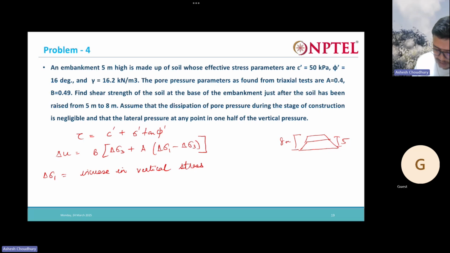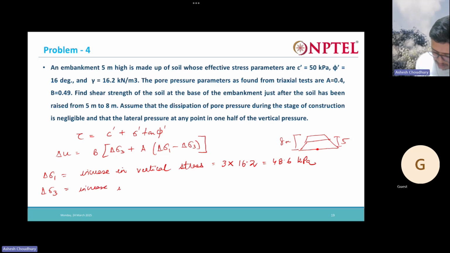So increase in vertical stress is 3 times the unit weight. We have to calculate at the base, the shear strength. Okay, 48.6 kPa.